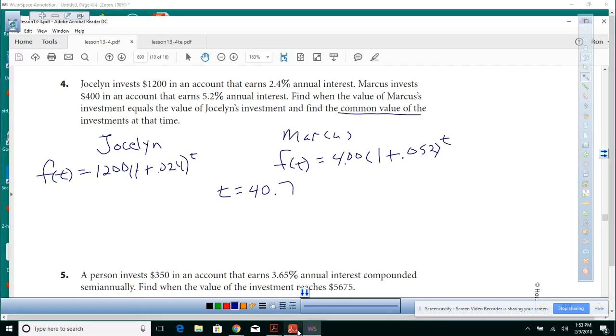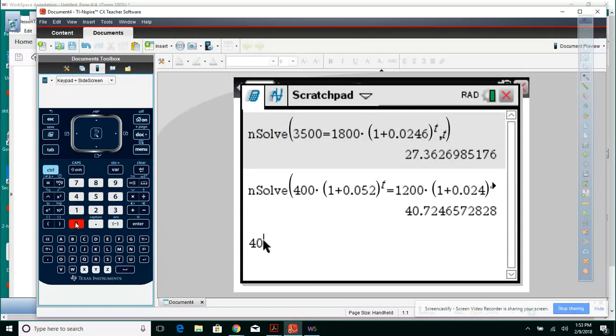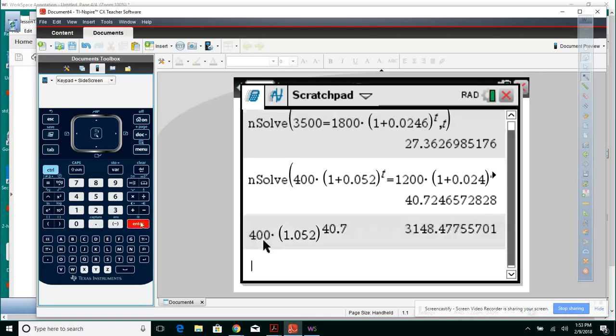Now you can put that 40.7 into either equation. It doesn't matter. So 400 times, open parentheses, 1.052, close parentheses, caret 40.7, and that gives us 3148.47.